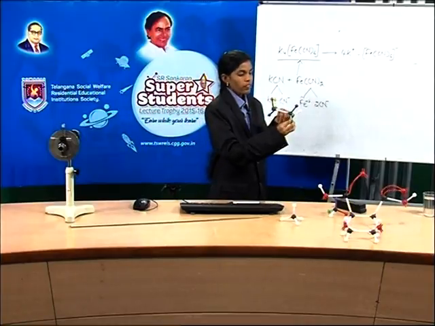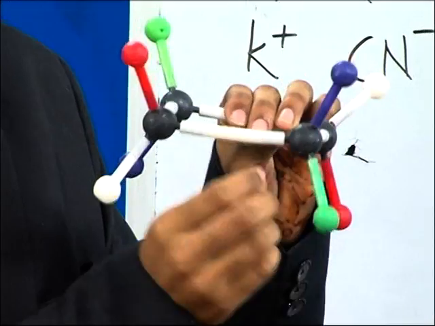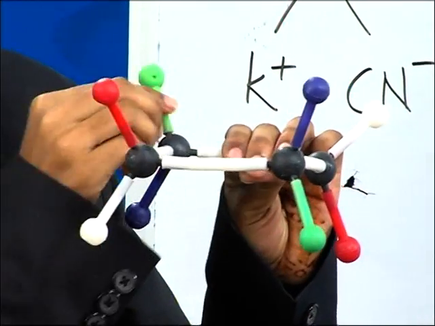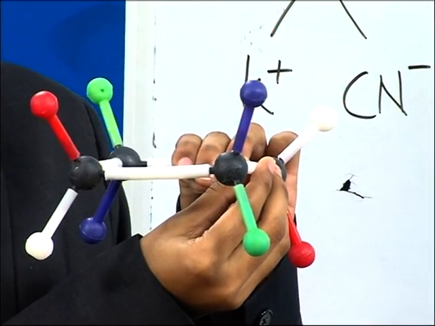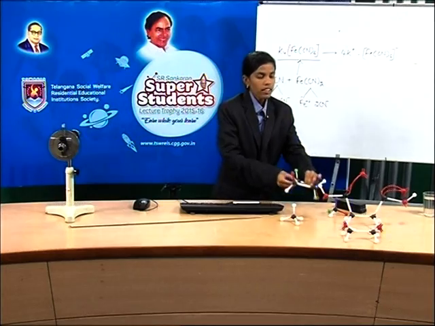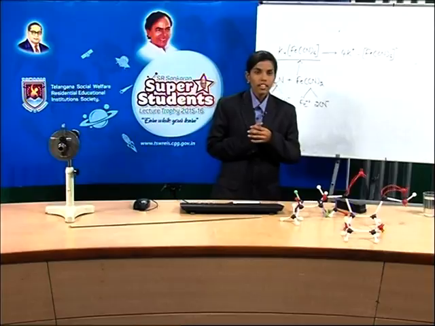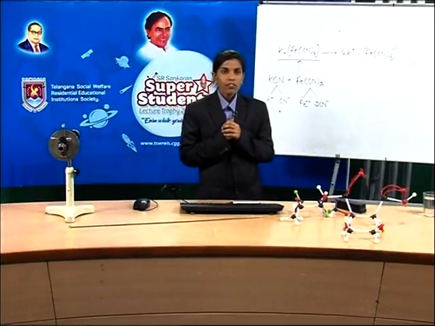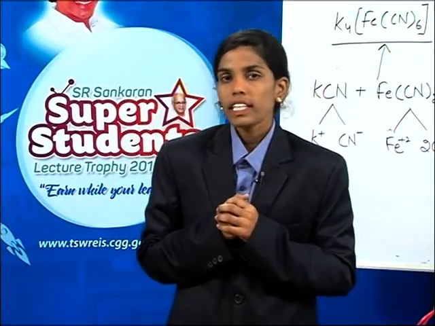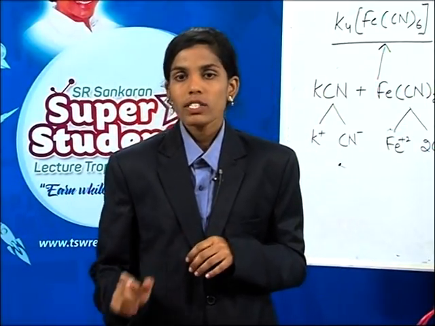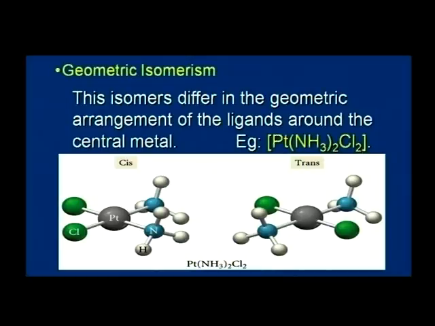Here are the central metal atoms, but the ligands are arranged in different positions around these central metal atoms. By this we can say that geometrical isomers are isomers which have a difference in their spatial arrangements, and this geometrical isomerism is also called cis-trans isomerism.